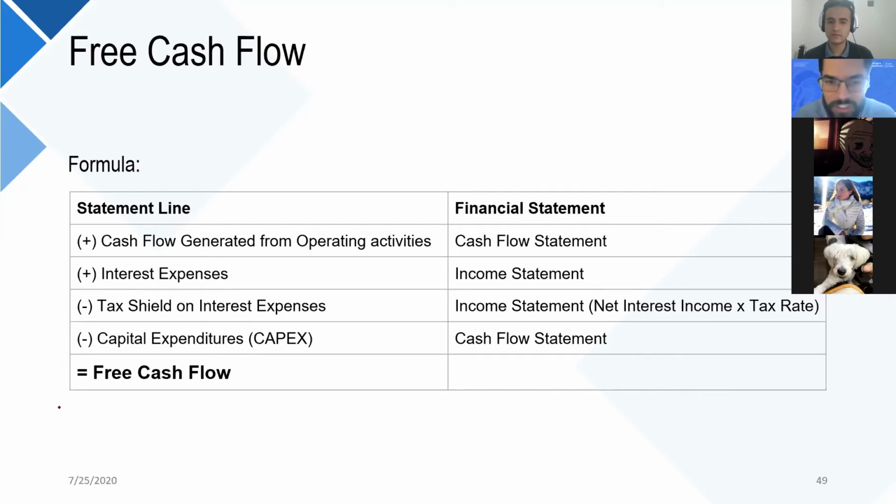But for valuation purposes, we don't need everything. We can focus only on the operating cash flow and a few more things, like CapEx, for example. So for valuation purposes, we can define free cash flow in a more simplified way. You can understand it this way.